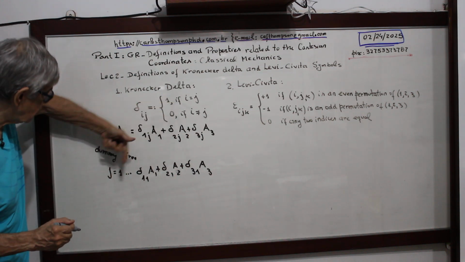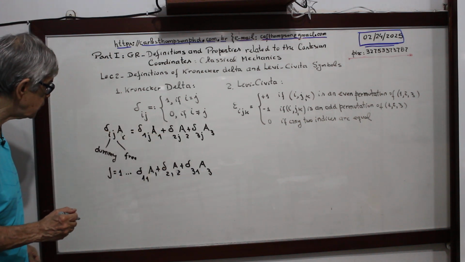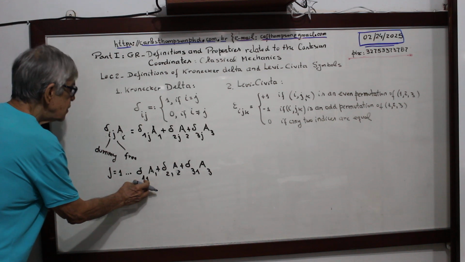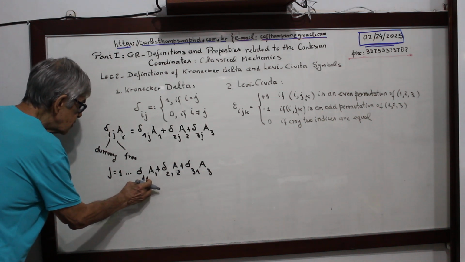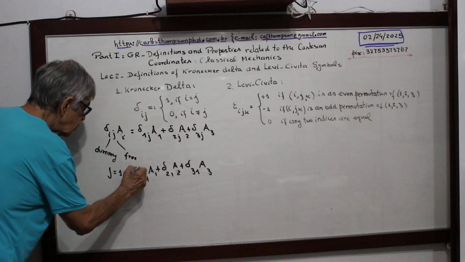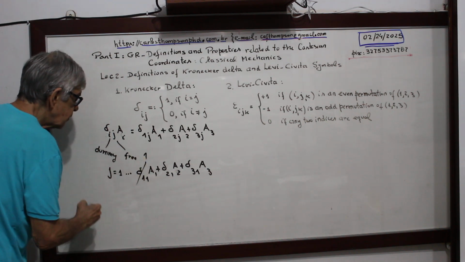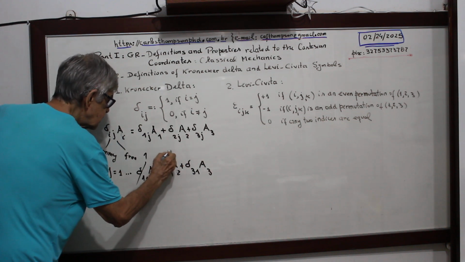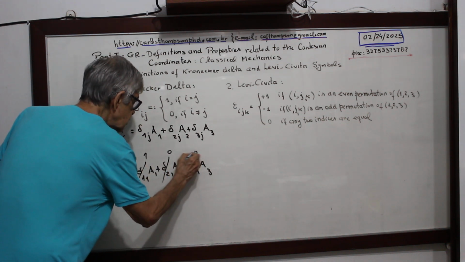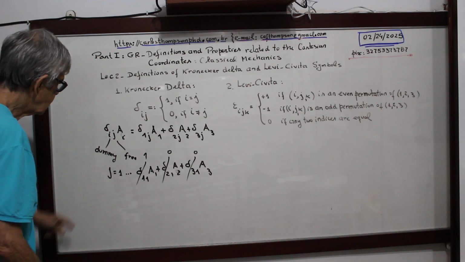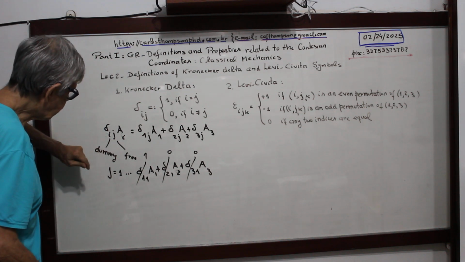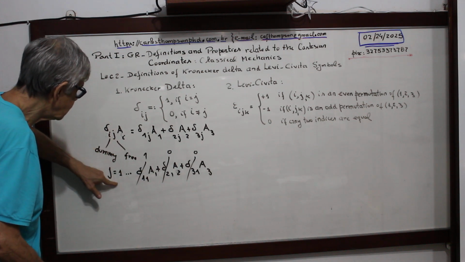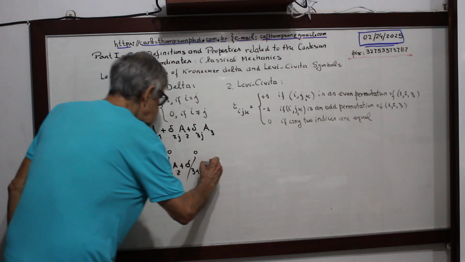By definition, this delta 1,1, here i is equal to j, so this will be 1. This i is different from j, so this will be 0 and this will be 0. See? So delta ij ai, for j equal to 1, is equal to a1.